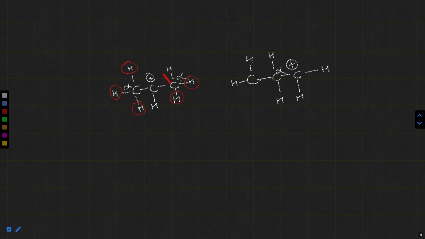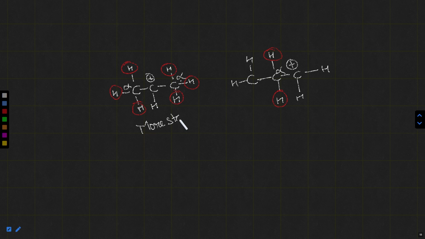Six alpha hydrogens are possible, whereas in this case we have 1 and 2. Two alpha hydrogens are possible. Since the number of alpha hydrogens is more, this one will be more stable.